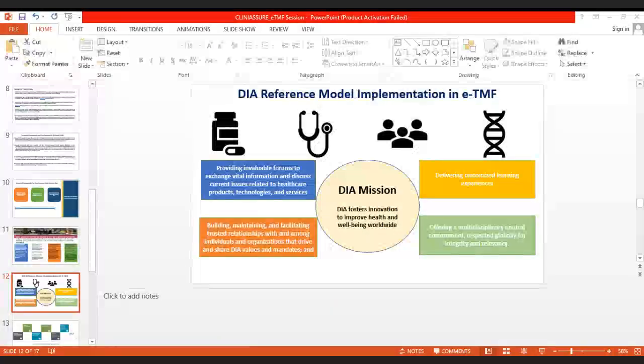You are not getting bored, right? Oh, Chitranjan. Okay, see here, this is the DIA community. Not able to see? Not able to see that? Why?